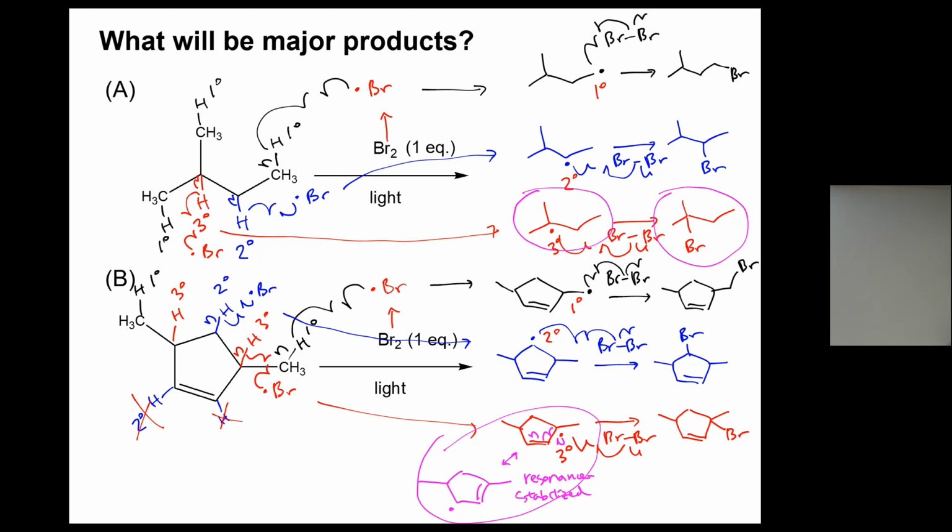But another 50% of the radical character is on the other carbon, and that is also going to pull the bromine and then produce the other major product. So we are expecting two major products in this reaction. Not one, but two. It's all because we have two resonance structures, and the radical character is here and there, about 50-50.